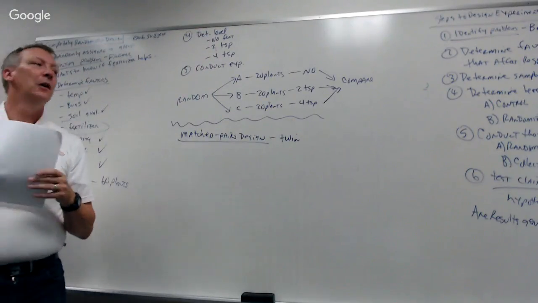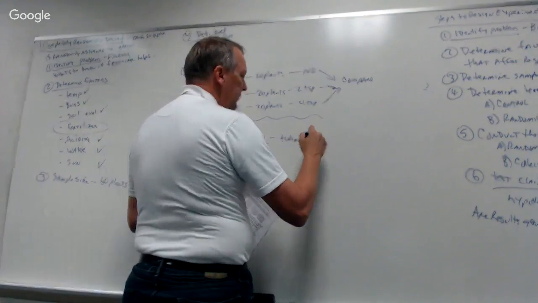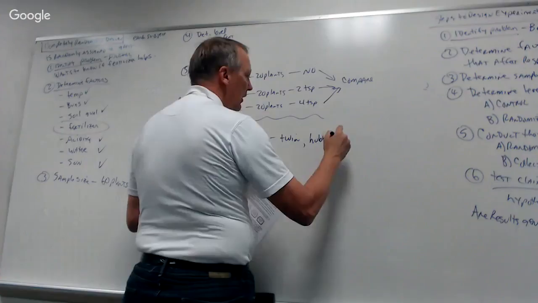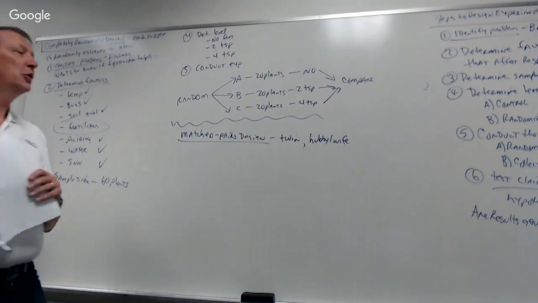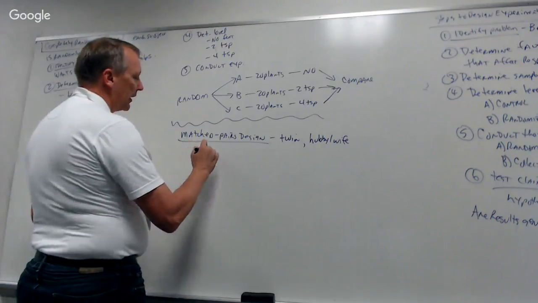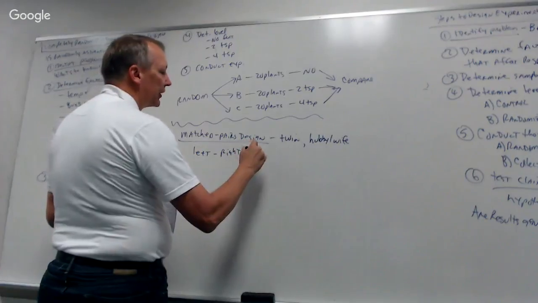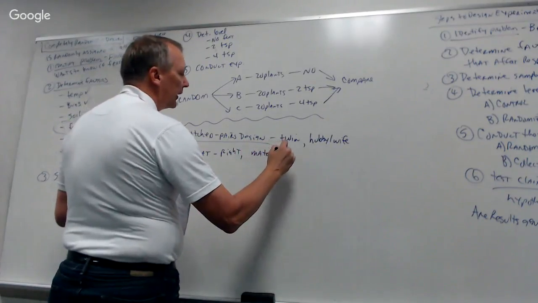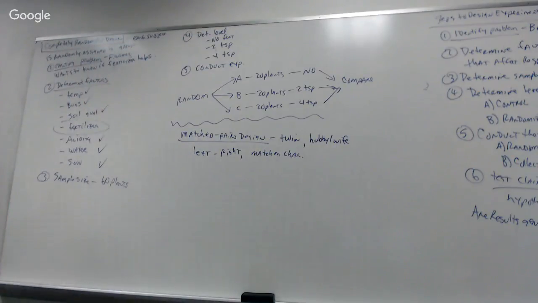Do a twin study. Or you could do husband and wife. Okay, that would be a natural pair. You could do the left side of your body versus your right. Or you could match on other characteristics.